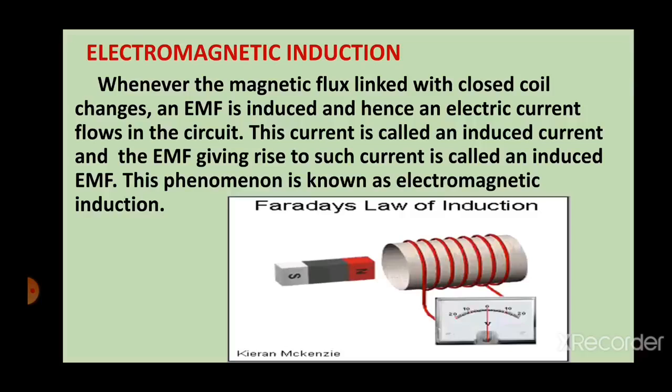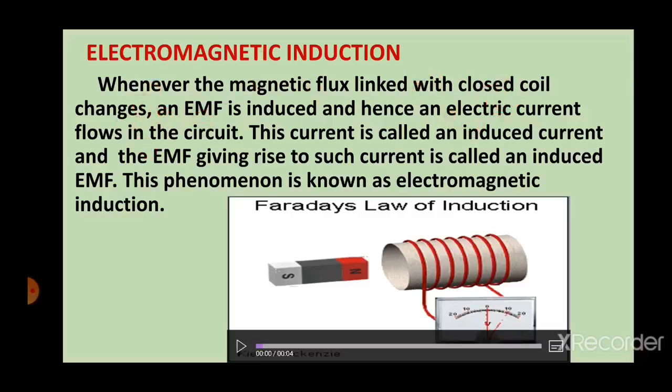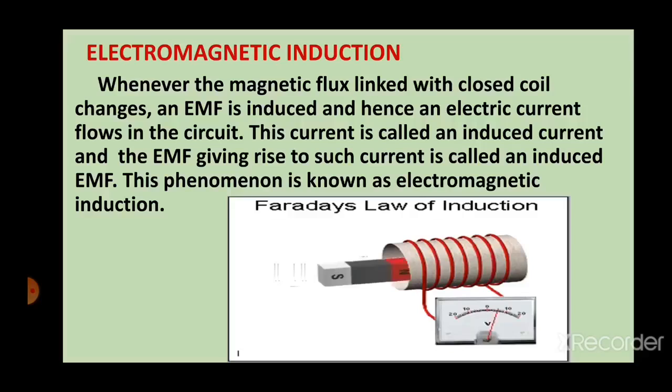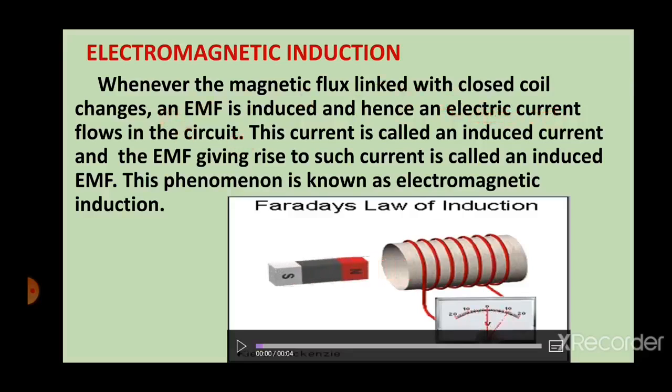So a change in the magnetic flux associated with the closed circuit is known as electromagnetic induction. Understand, students? Now see, whenever the magnetic flux linked with the closed circuit, that means closed coil, changes, an EMF is induced, and hence an electric current flows in this circuit.